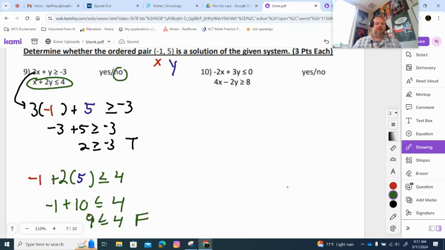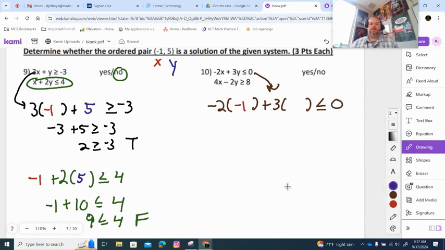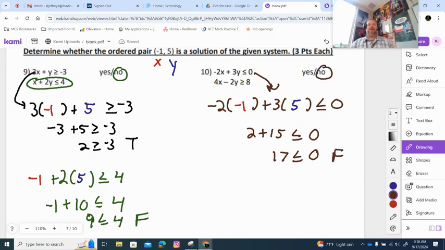No. So this is a no. So -1, 5, 2 plus 15. Is 17 less than 0? False. Okay.